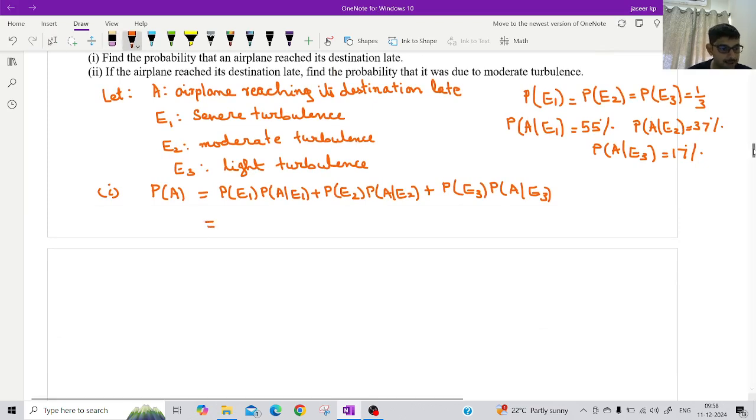The answer for P of A will be coming as 33 by 100. After the substitution, the answer will come as 33 by 100.